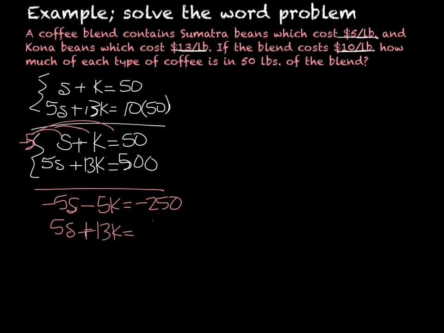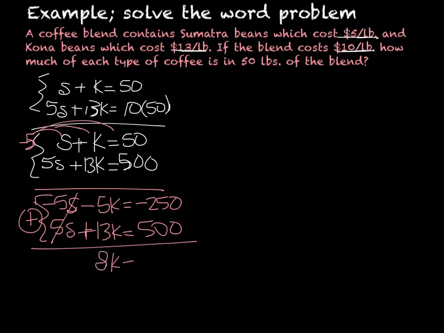The second equation would stay the same as 5s plus 13k equals 500. And now using the elimination method, if we add down, s's are going to cancel, leaving me with 8k equals 250. And then you divide by 8, and k equals 250 divided by 8, which would give you 31.25. So that's k.